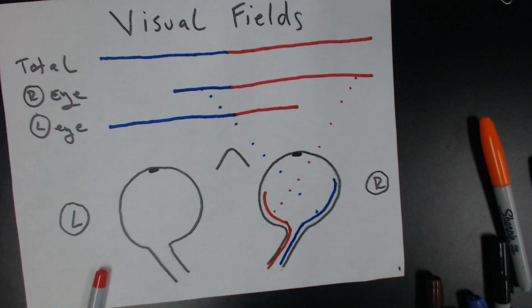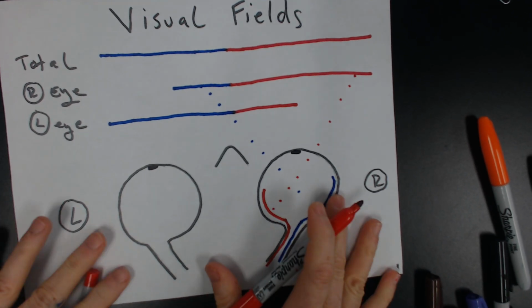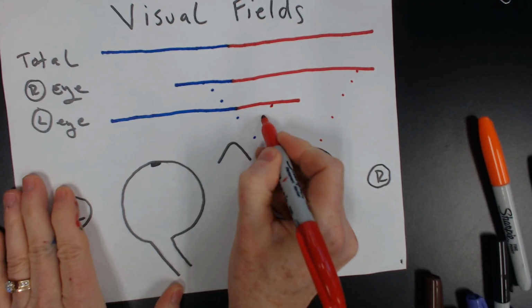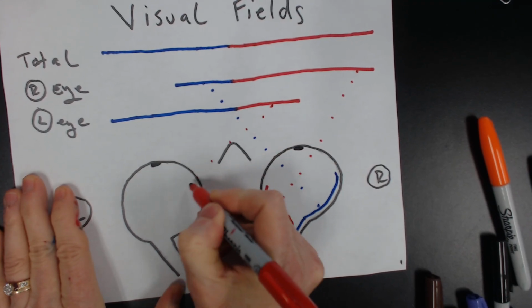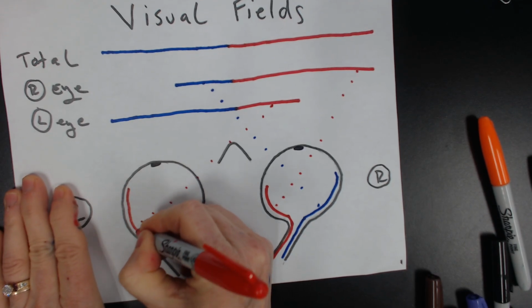All right, let's look at the left eye. So when I look at the left eye, the nasal visual field of the left eye projects over here to the temporal retina.